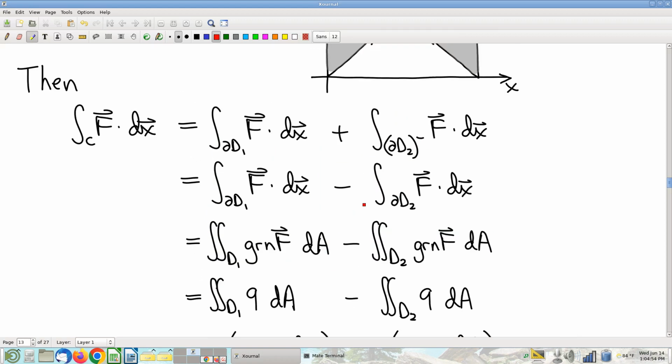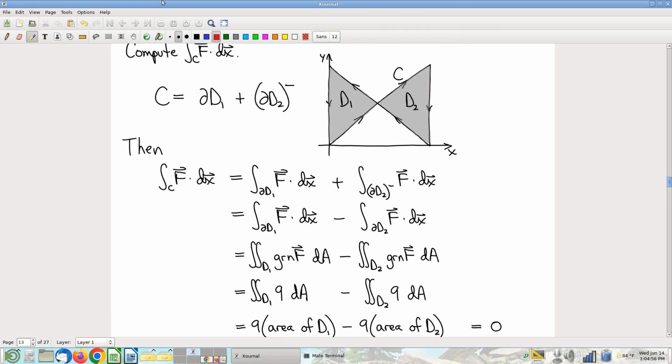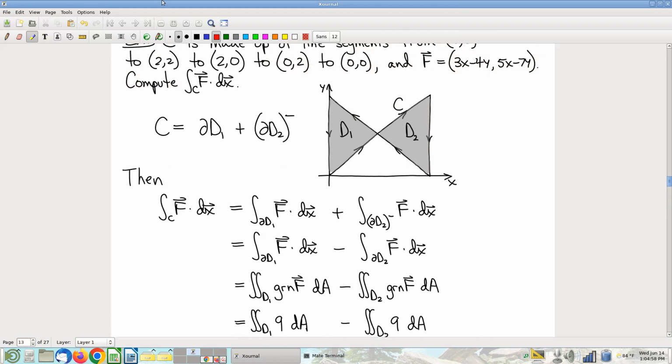Let me zoom out, and we'll notice that here's our vector field, of which we need to compute Green's operator. And again, there's a little bit of algebra. dQ/dx, so I need to take the x partial of that, which is 5. Then I need to subtract the y partial of that, which is minus 4. 5 minus 4 gives me 9.